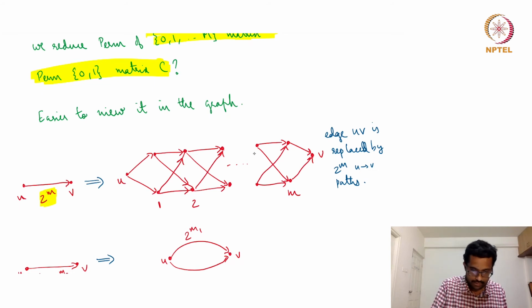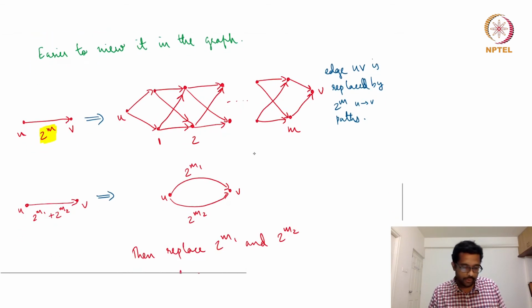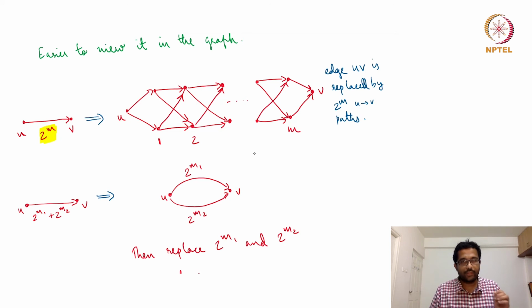So we have seen how to convert an edge with weight 2^m, or a power of 2, to a network with 0 1 weights.